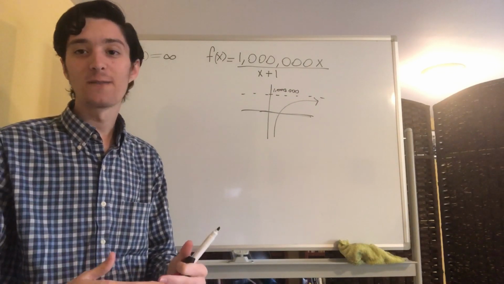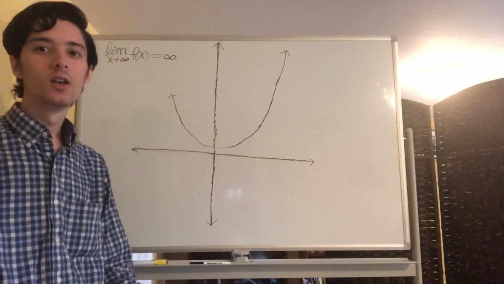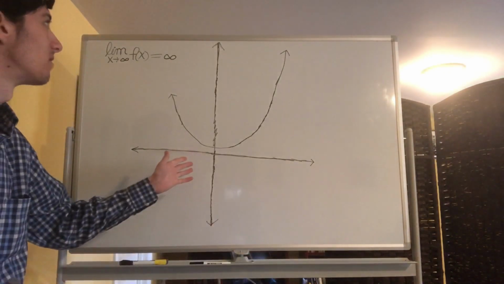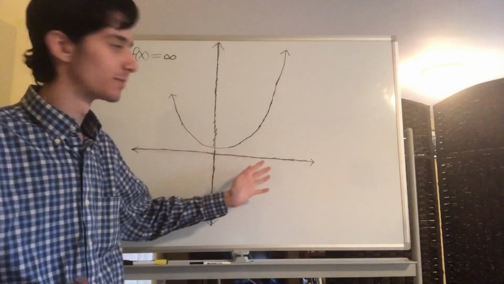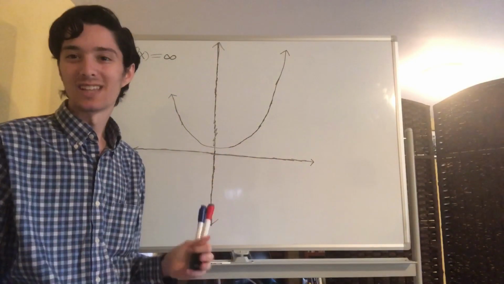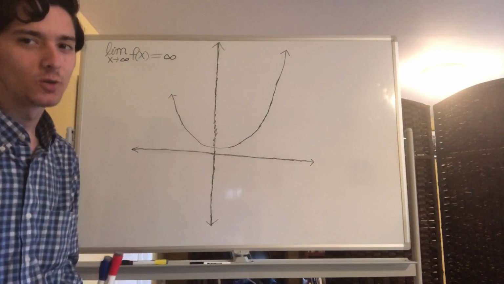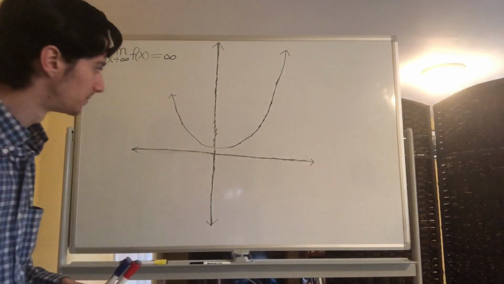We'll go over that first with a graphical example and then with a more precise definition. So here we have a graph that exhibits this limit behavior, as x approaches infinity.